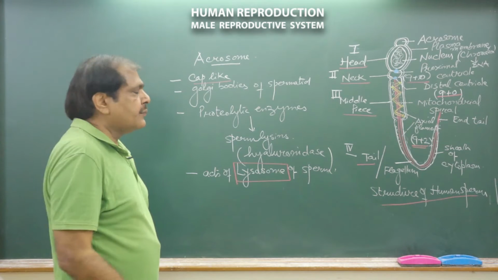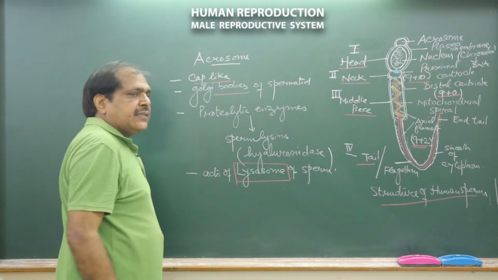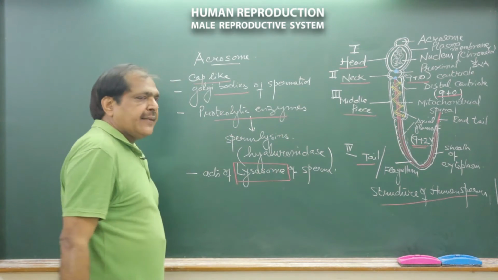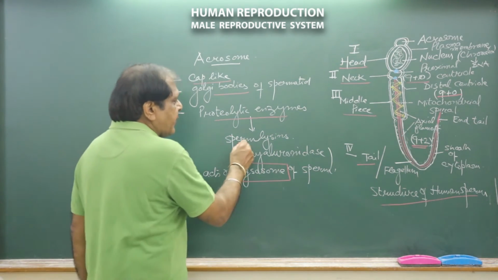Cap-like, formed by Golgi bodies, contains proteolytic enzymes called sperm lysins.